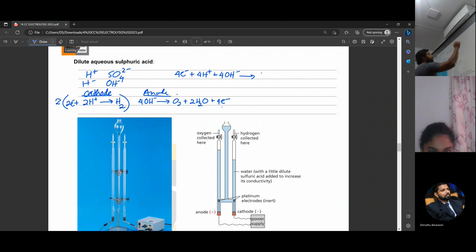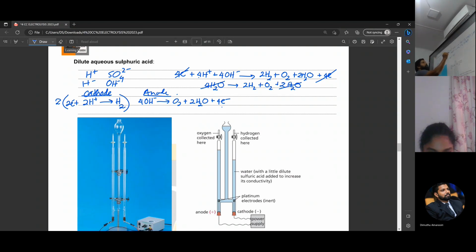This side you get 2H2, O2, 2H2O plus 4 electrons. The 4 electrons get cancelled out. Listen, 4H plus and 4OH minus means 4 water. 4 water, 2H2 and O2 and 2H2O.